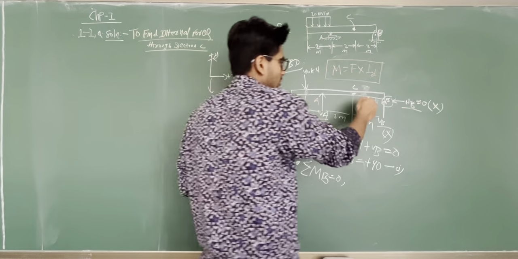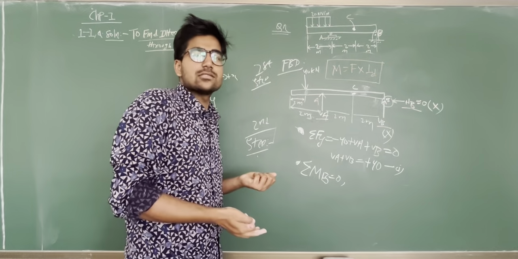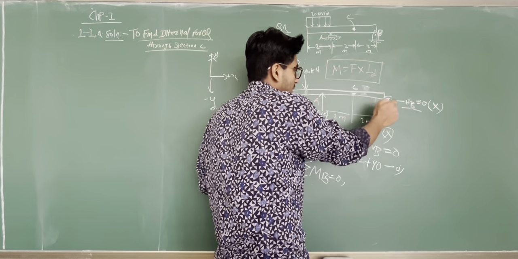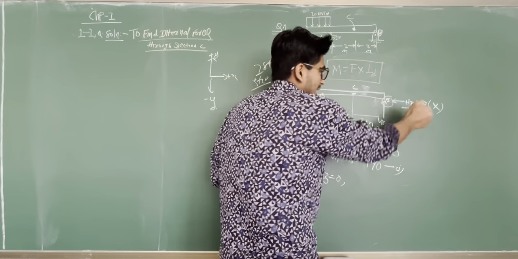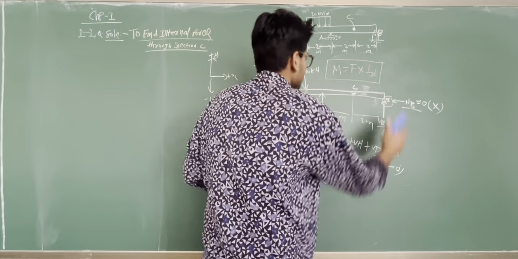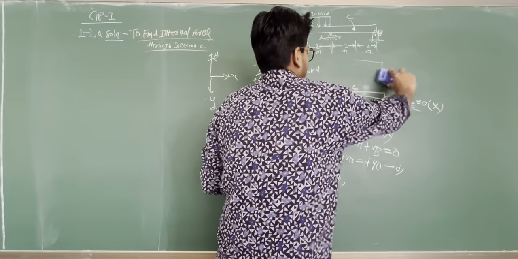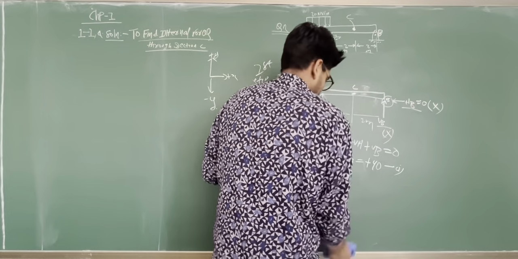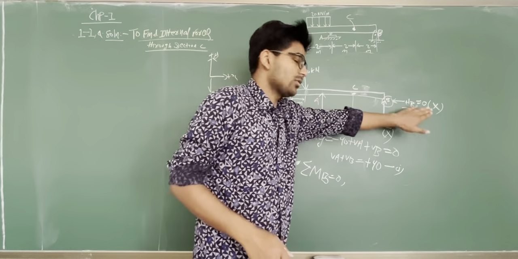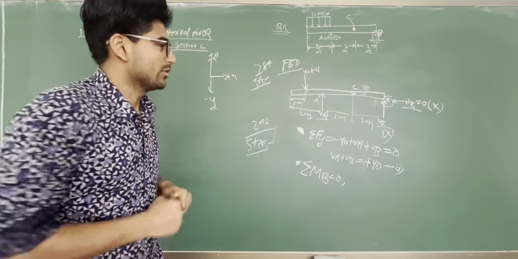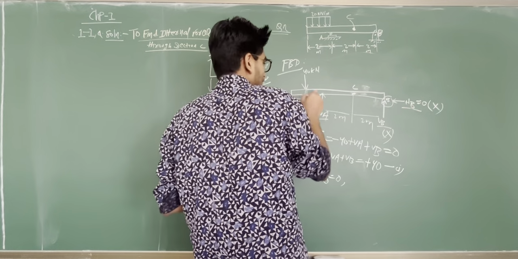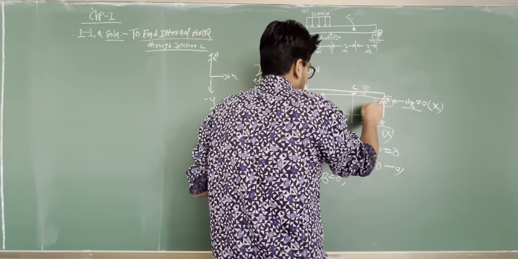If you take a moment around B, there is a force, but there is no perpendicular distance. So that's why we should not take this one and this one. Now, if you take a moment around B, these will not count because they don't have any perpendicular distance.